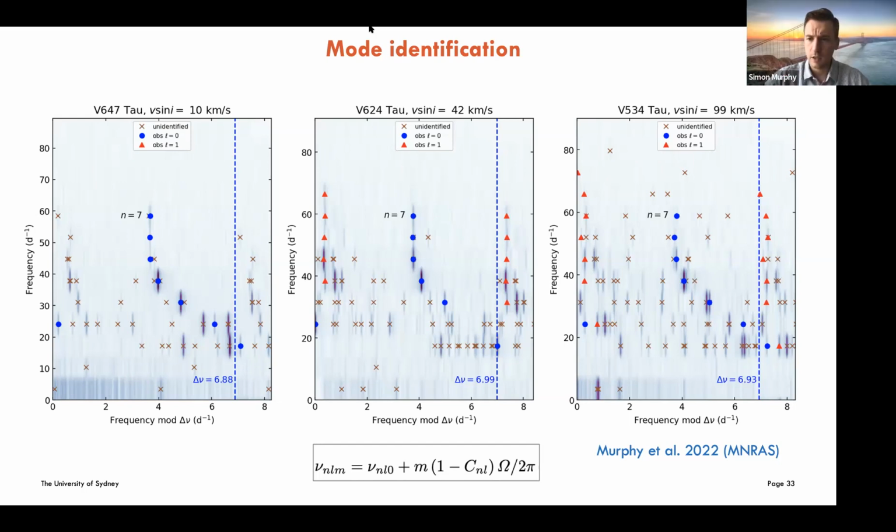And one of the other things I was going to mention in response to Daniel's question is that as stars evolve, the G mode cavity, which are modes that are driven in the near core region, starts to overlap with these P modes, which are the modes that I've been talking about this entire time. They're basically most sensitive to the surface regions of the star. As those cavities overlap, the frequencies can interact and get shifted around.